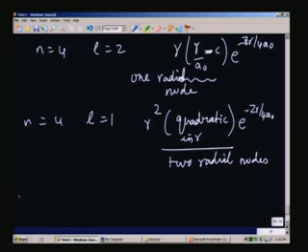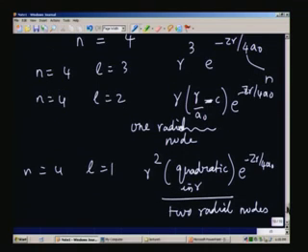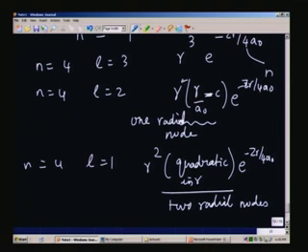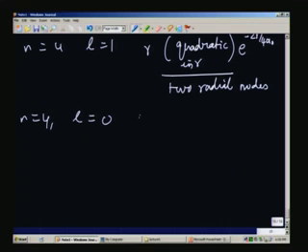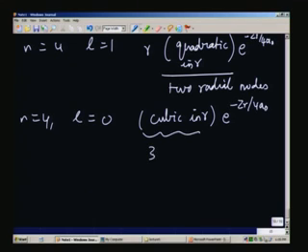For n equal to 4, L equal to 0, sorry, I must have had this as r square and I must have this as r. Please make a change here: r cube, r square, r. And for n equal to 4, L equal to 0, you have a cubic in r e to the minus z r by 4 a naught, and this has 3 radial nodes.